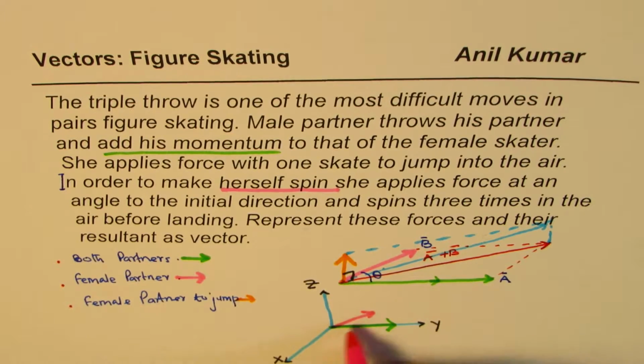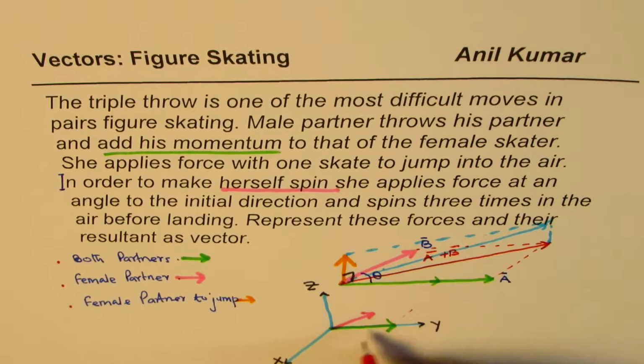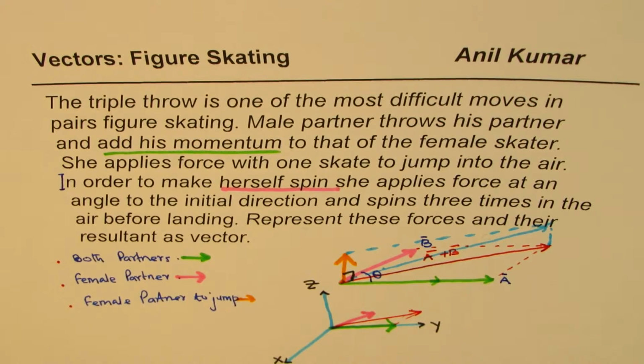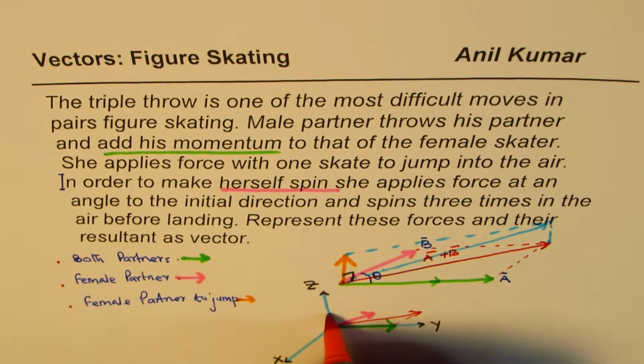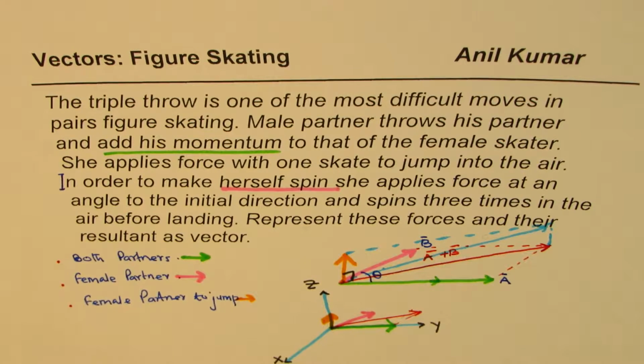That could be the force, and the resultant will be parallel to this, and the jump is a force which is upwards. So in R3, we can designate the forces like this.